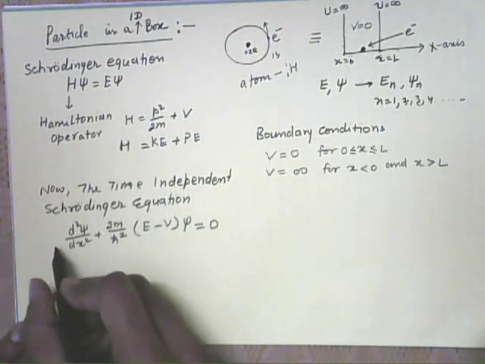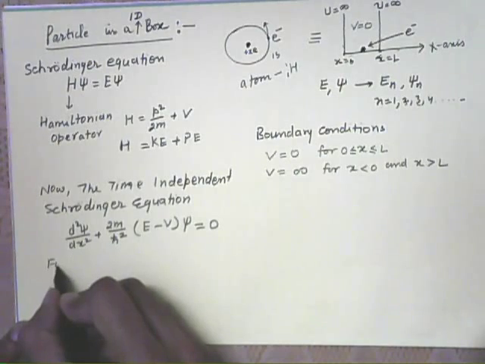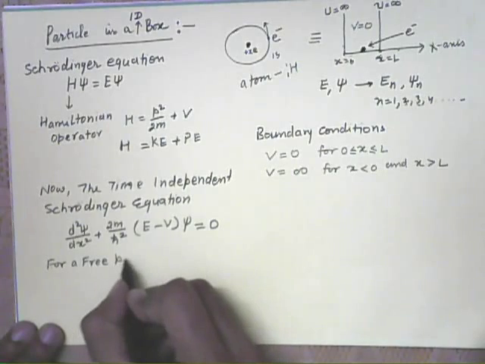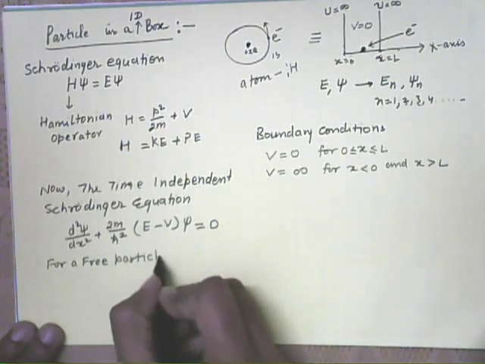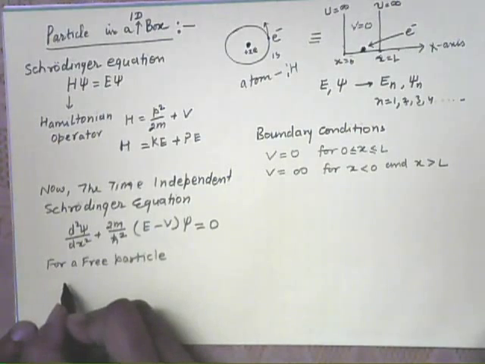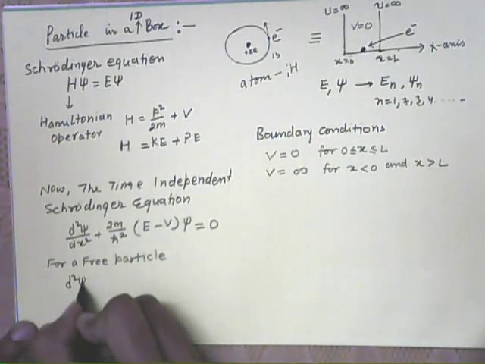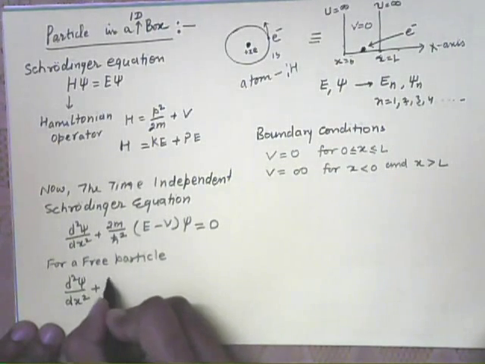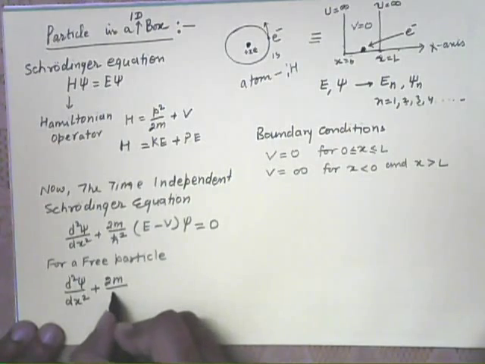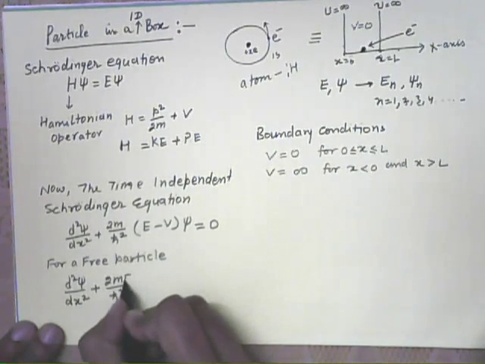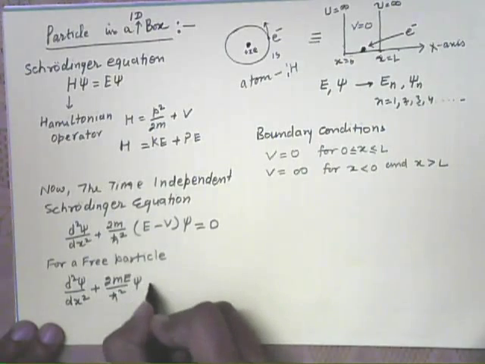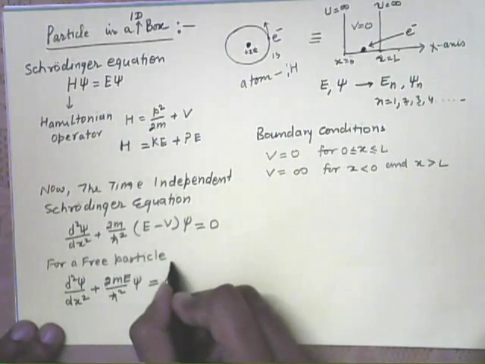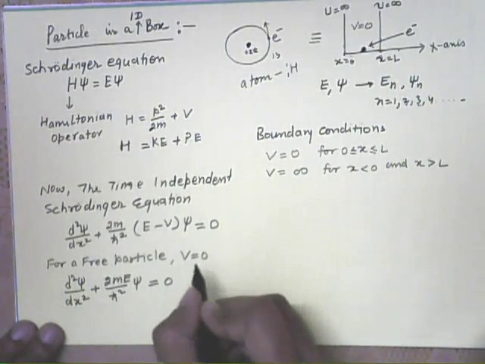So for a free particle, the above equation becomes d2 psi upon dx square plus 2m upon h cross square E psi is equal to 0, because this term will be equal to 0 for a free particle, V is equal to 0.